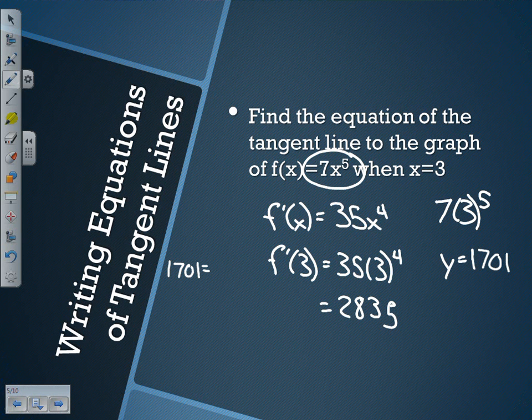Now I plug them in slope intercept form, easy stuff. 1701 equals 2835 times 3 plus b. Solve for b. Do we know what you get? So multiply and subtract.